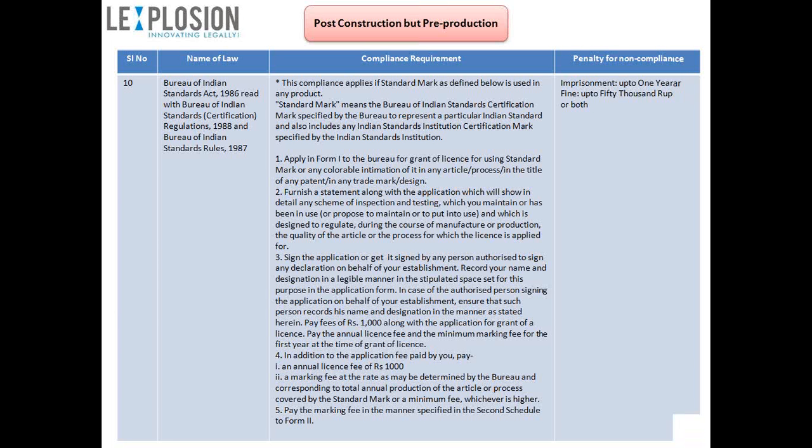You have another compliance also under the same enactment and rules. In case you want to apply for grant of license for management systems certification to the Bureau, you need to do it in Form 4. You need to get your application form signed by the concerned authority in your factory, and follow certain other processes like sending a supplementary questionnaire that is required to be duly filled up, and the process for that is mentioned in this slide.